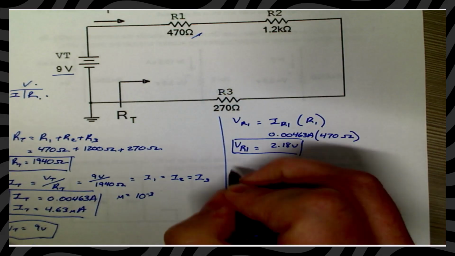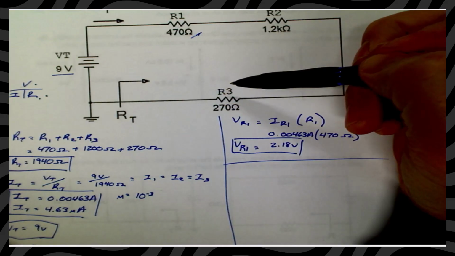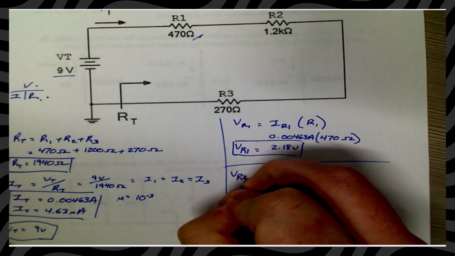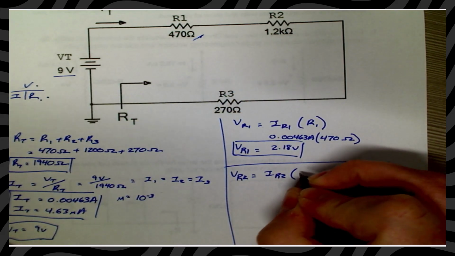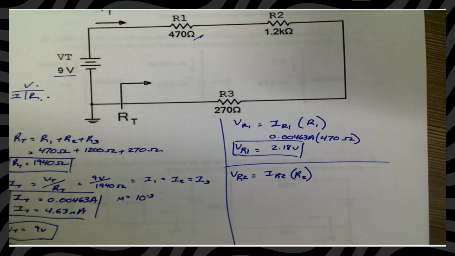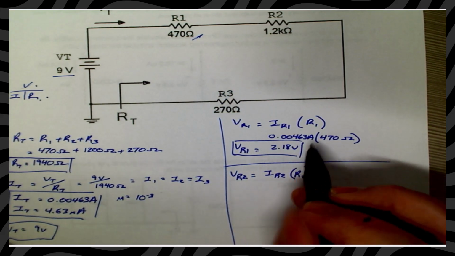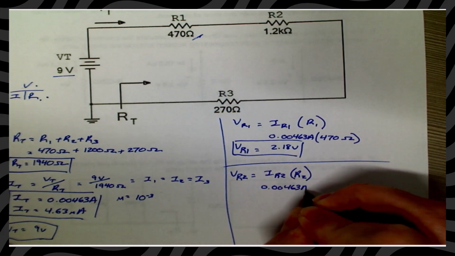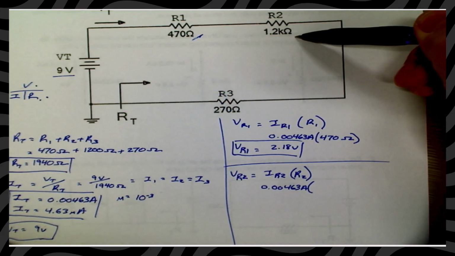Now all we need to do is repeat the process for our other 2 resistors. The voltage at resistor 2 is going to equal our current at resistor 2 multiplied by the value of resistor 2. Our current is the same, so we have 0.00463 amps multiplied by the ohms in resistor 2.